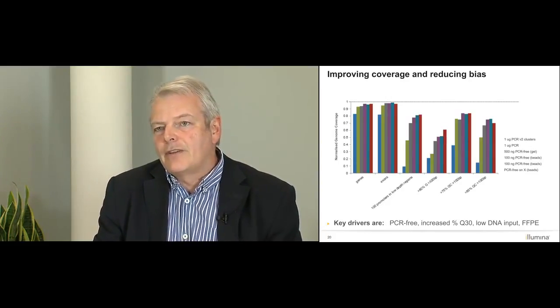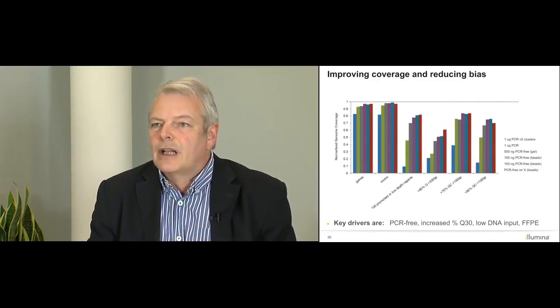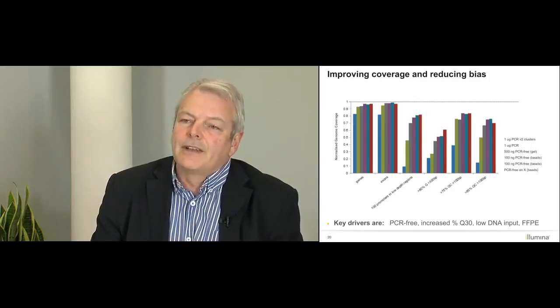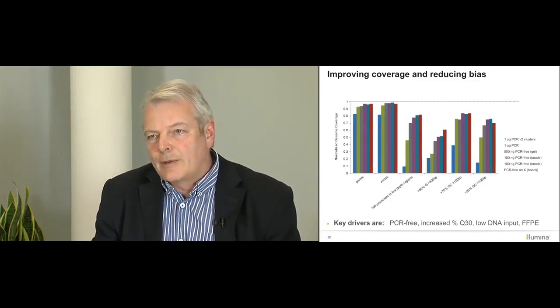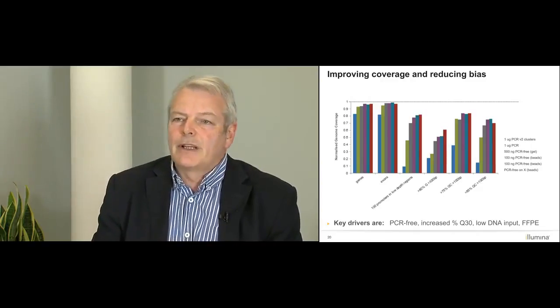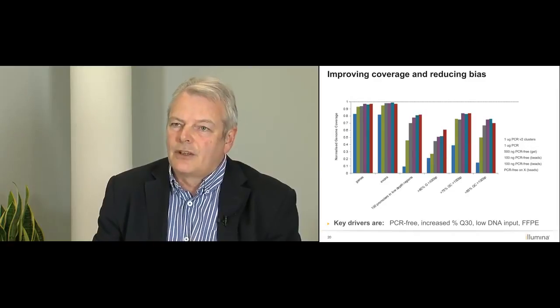And you can see that over the ages, as we go from left to right within each of the blocks, we move from our classic amplified sample prep to a PCR-free prep, and we actually reduce the amount of starting material required. But at the same time, we are increasing the proportionate representation of those difficult regions.